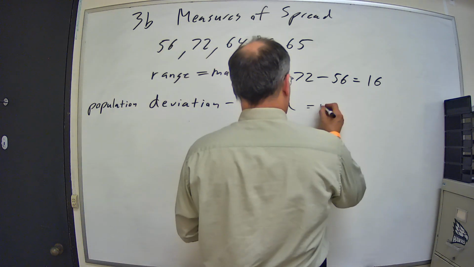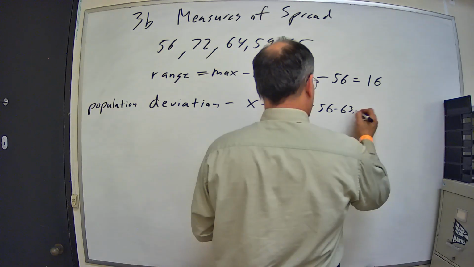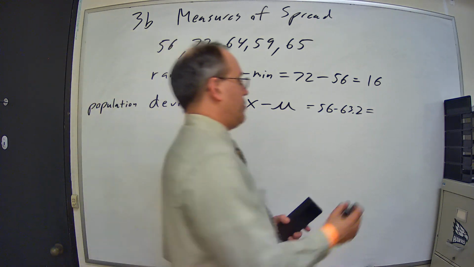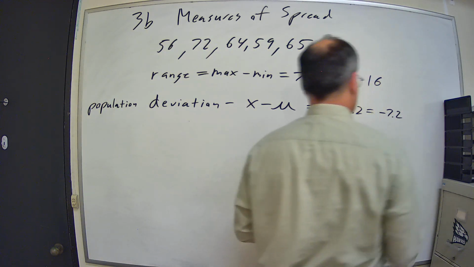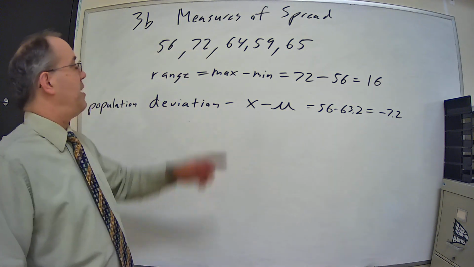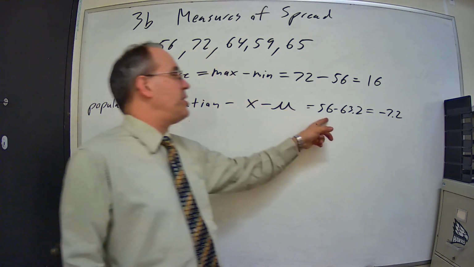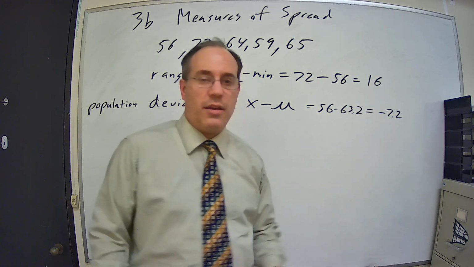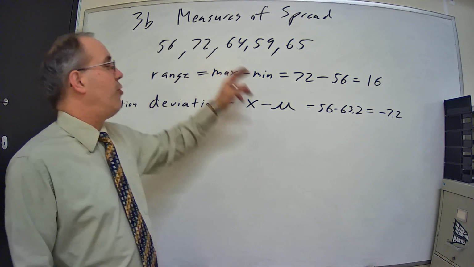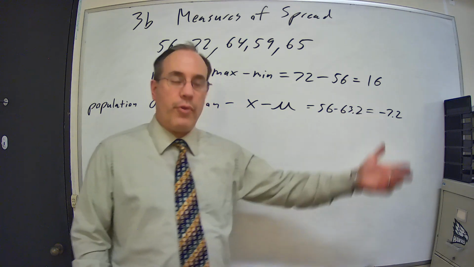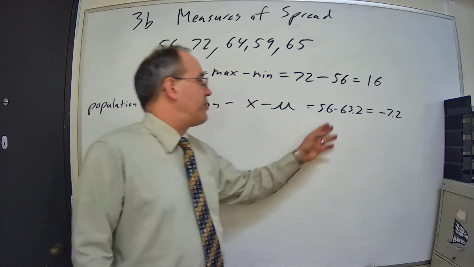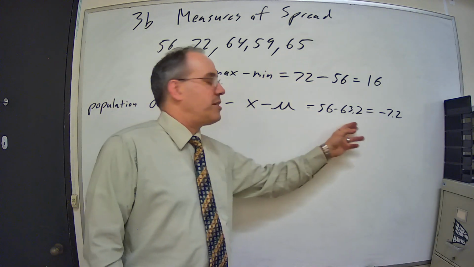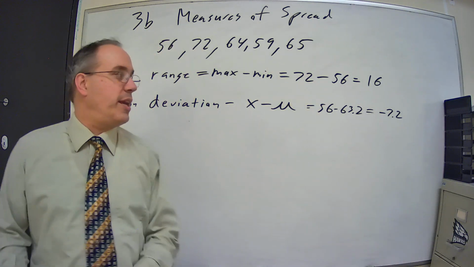So I could say 56 minus 63.2 gives me negative 7.2. Okay? And if I were to take 72, I'd have 72 minus 63.2, which gives me 8.8. 64 minus 63.2, 0.8. 59 minus 63.2, negative 4.2. 65 minus 63.2, 1.8.